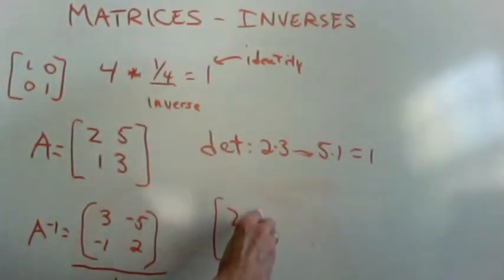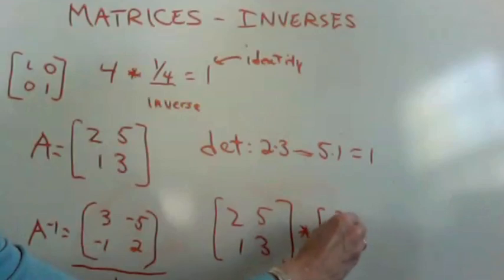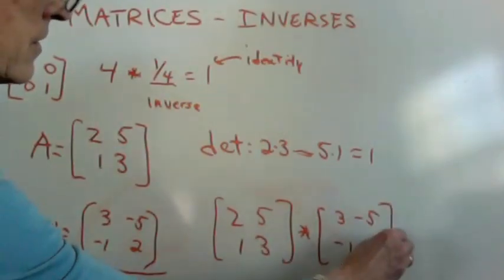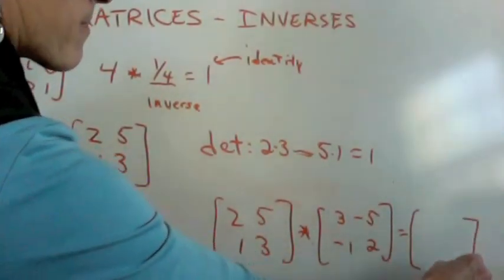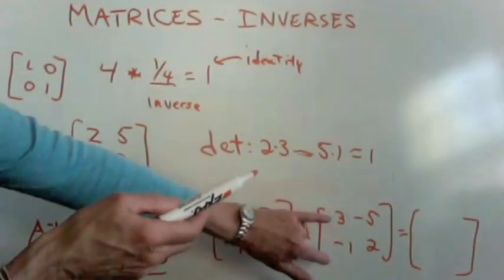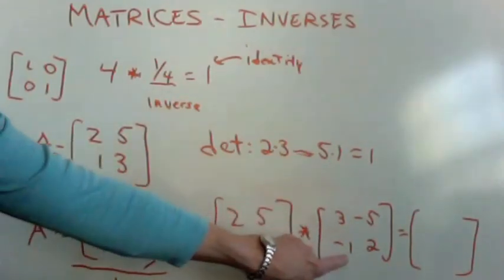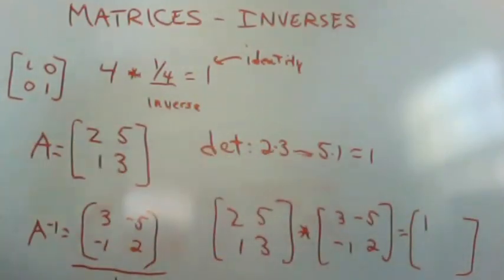So we have 2, 5, 1, 3. And we're going to multiply that by 3, -5, -1, 2. So as we do the math, first row, first column, 2 times 3 is 6. 5 and a -1 is a -5. 6 plus a -5 is 1.